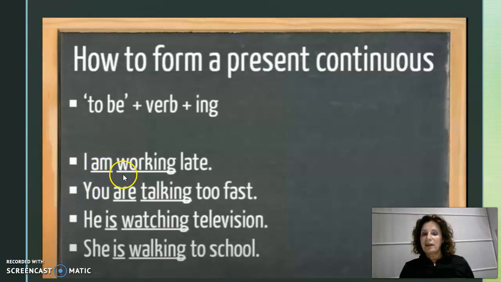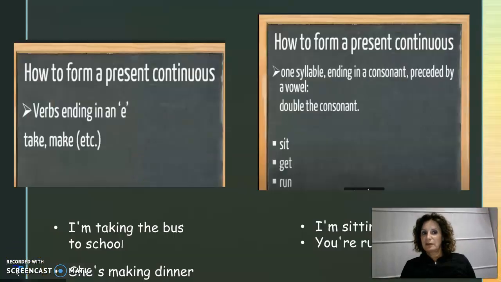The underlined words represent the verb in the present continuous tense. We have the auxiliary verb and the main verb describing the action. Before adding to the verb the letters ing, we have to take into account some spelling rules.